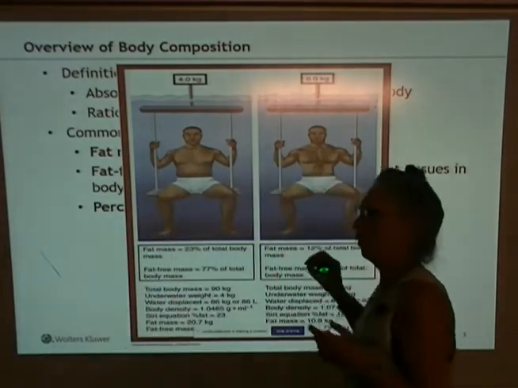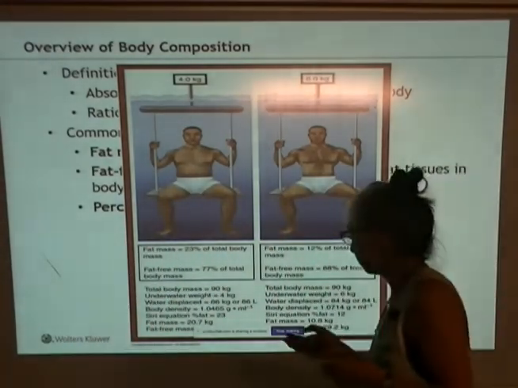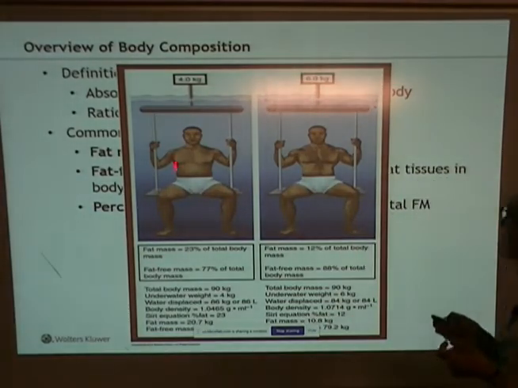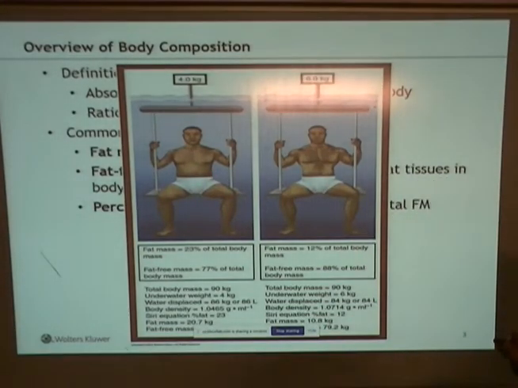So in the book, there's this good example. On the left, chap A weighs 90 kilos. On the right, chap B weighs 90 kilos.